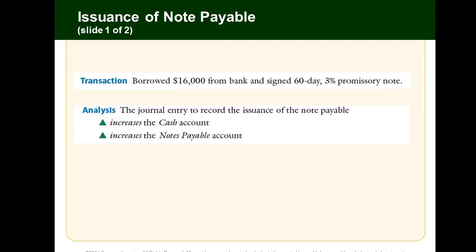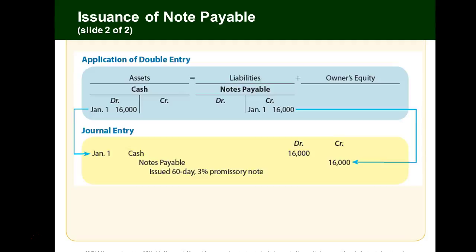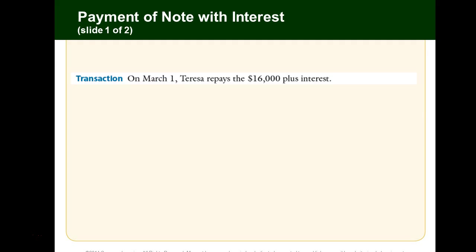So if we go back here, do you see how her note started, borrowed $16,000 from the bank, and so on January 1st, we showed this transaction. But the books get closed at the end of the month. So on January 31st, we're going to close these books. Now we know she's going to owe interest at 3%.